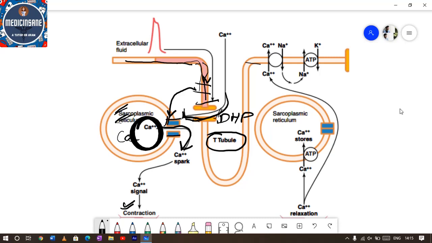And the other mechanism, which is only specific to the cardiac muscles, is that the calcium in the extracellular fluid itself is going to diffuse inside the sarcoplasm with the help of these calcium ion channels, which are present specifically in the cardiac muscle T tubules. And it is also going to activate the calcium release channels, or the ryanodine receptor channels, with the help of which the sarcoplasmic reticulum is going to release its storehouse of calcium into the sarcoplasm, and it will lead to the contraction. So this much here is clear.